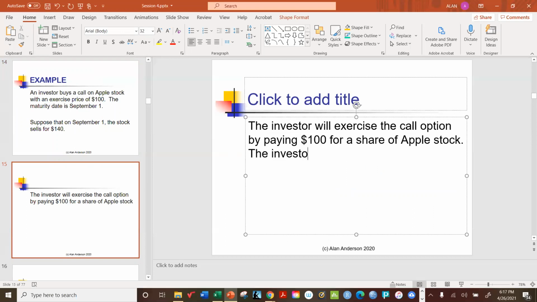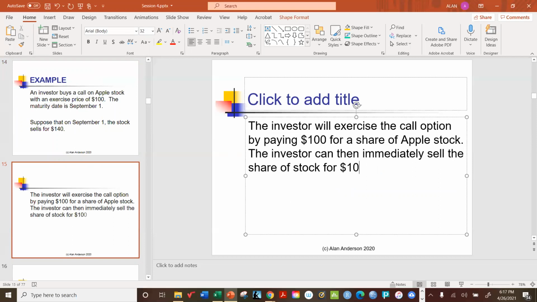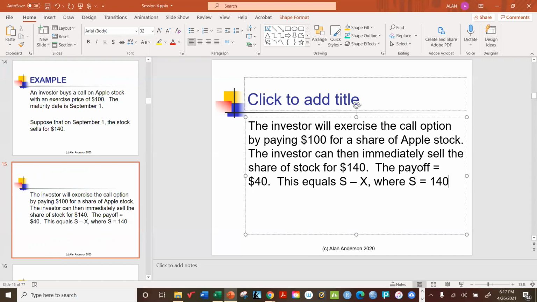The investor can then, if he chooses to do so, immediately sell the share of stock for $140. The payoff is therefore $40, which you can write as S minus X, where S is 140 and X is 100.